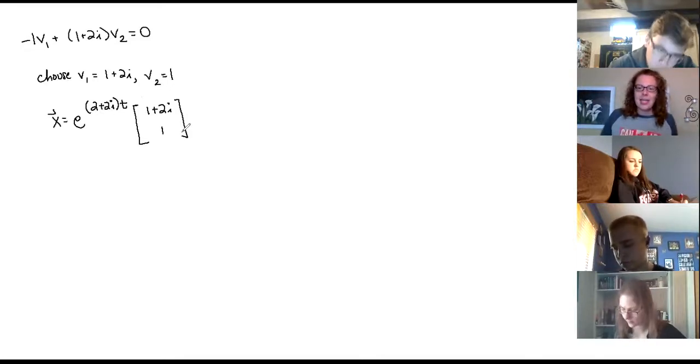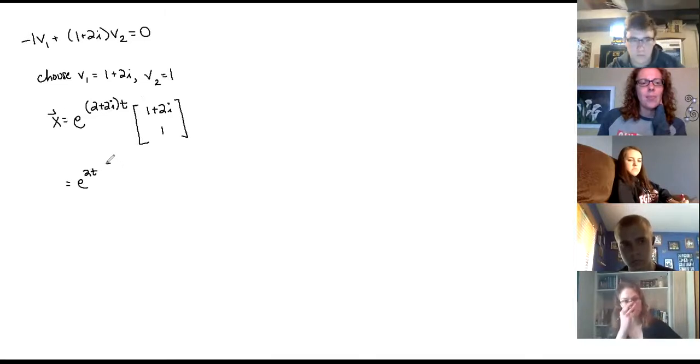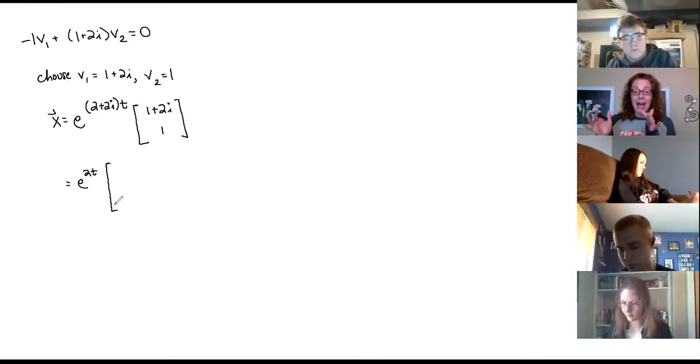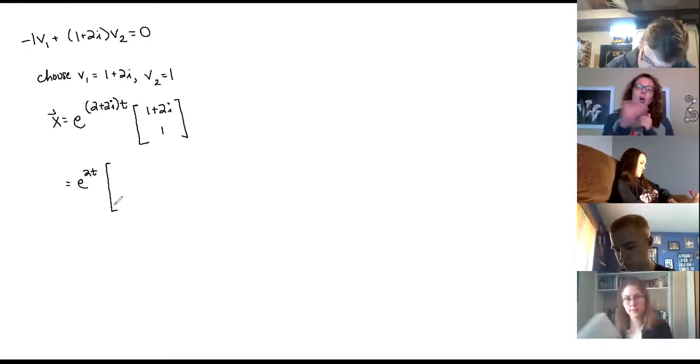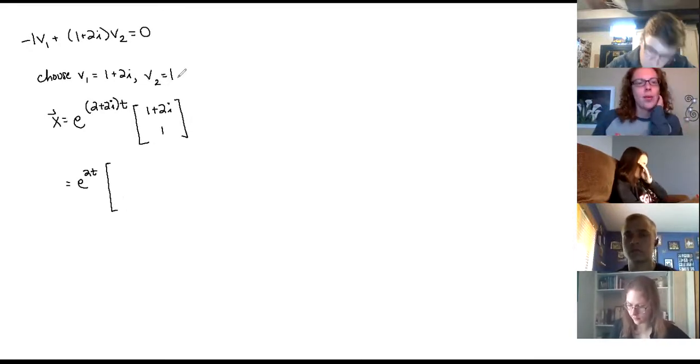Gotta split with real parts and imaginary parts. And I'm going to do something a little bit differently in this case. We're going to take the e to the 2t and put it all the way out in front. So e to the 2t, instead of incorporating it into every single piece, can go all the way out in front. Then I don't have to write it 4 times, I can just write it once.